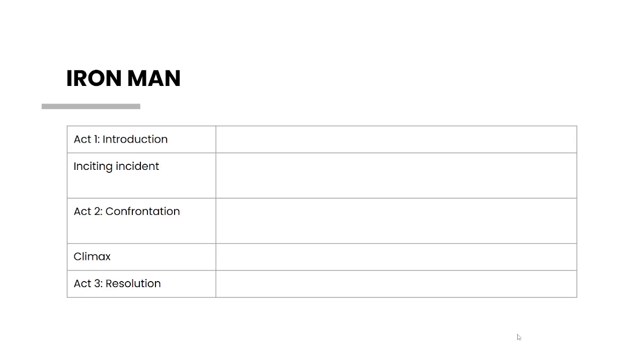Tony Stark is rich, a defense contractor of Stark Industries, a weapons dealer. And then there's who he works with. Okay, what's the inciting incident? What gets him past the point of no return?